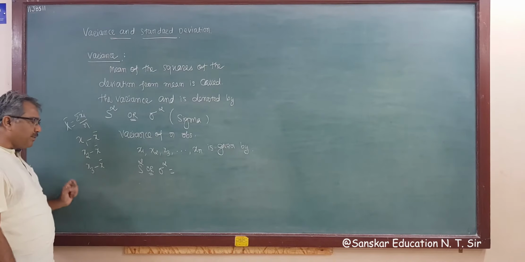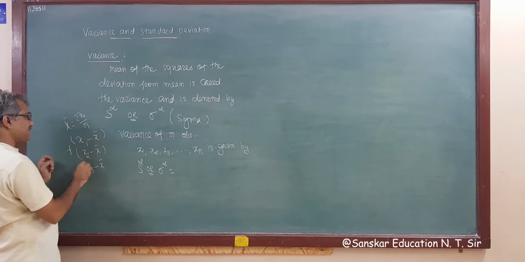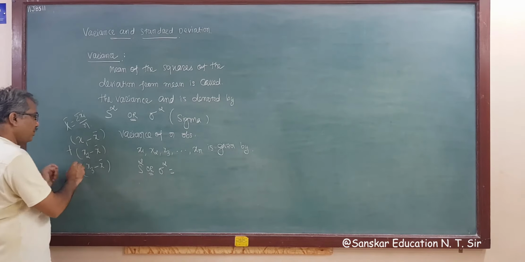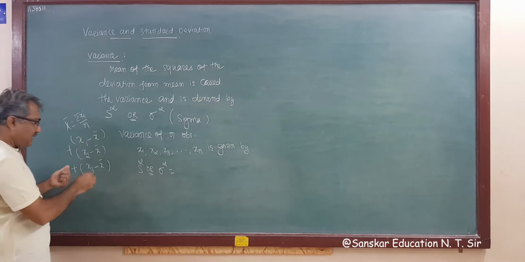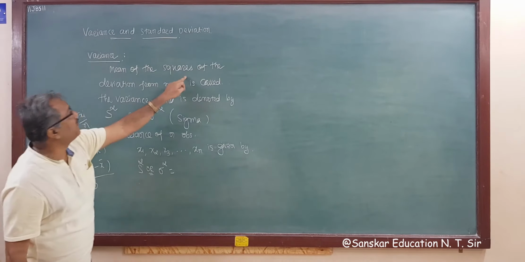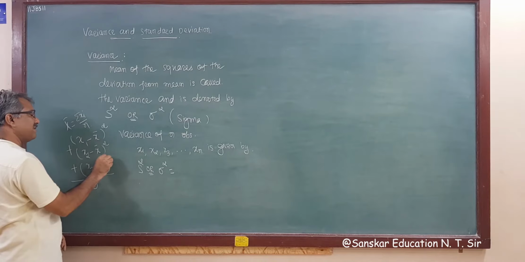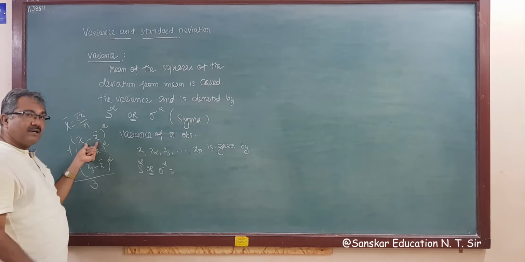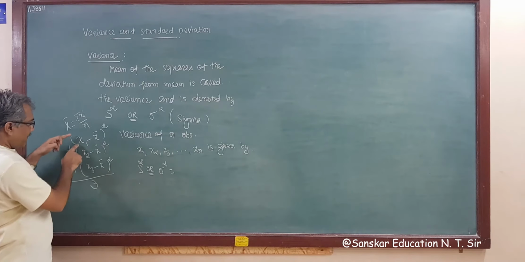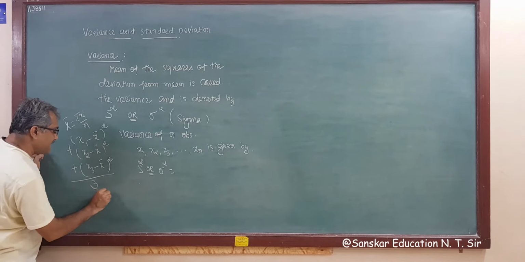So if we take three observations, then we have x1 minus x bar, x2 minus x bar, x3 minus x bar. Average means divided by 3. But for the square of the deviation, it is this square plus this square plus this square. If you don't want to write it in this notation, you put the sigma sign.